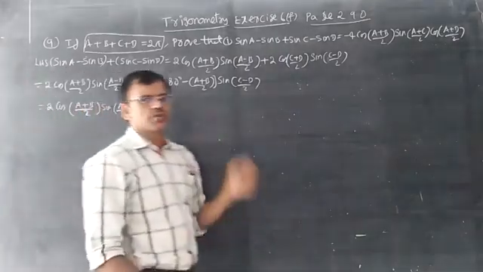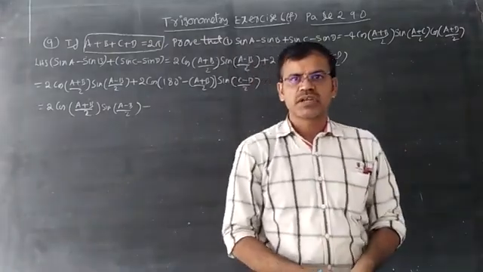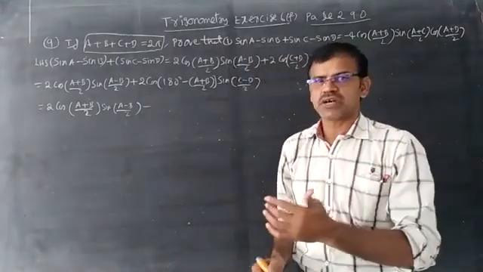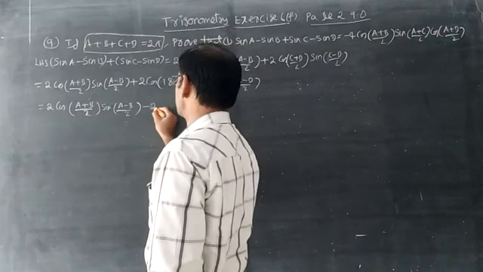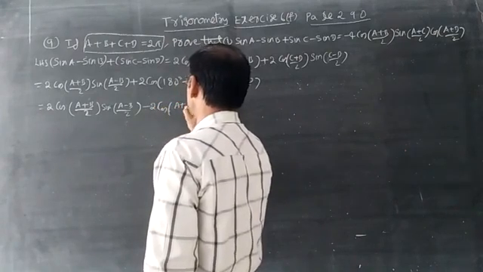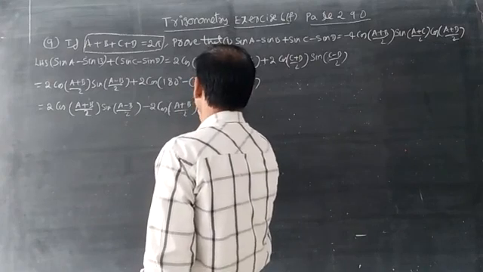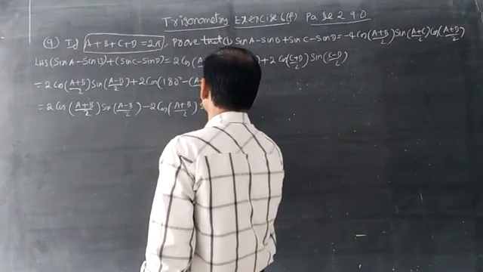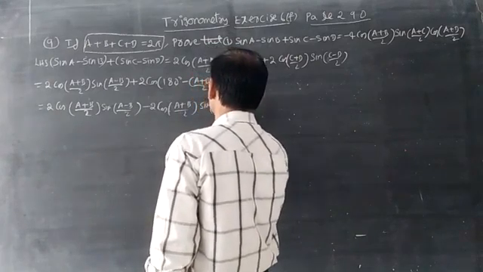This becomes cos 180 minus theta. Cos 180 minus theta becomes minus cos theta. So apply here, this is minus 2 cos of A plus B by 2 into sin of C minus D by 2.